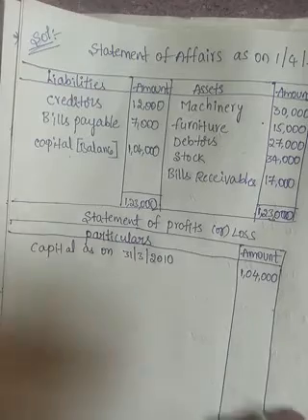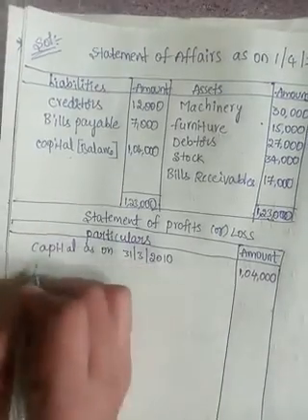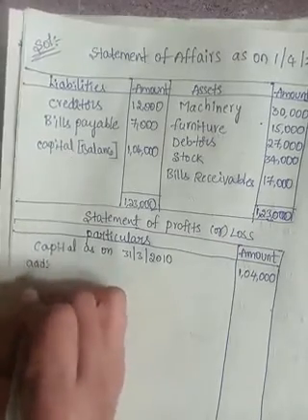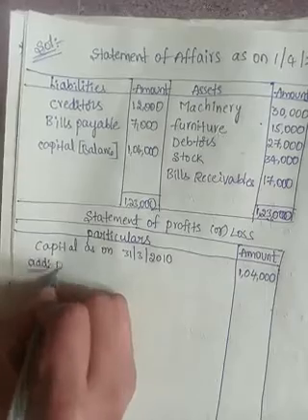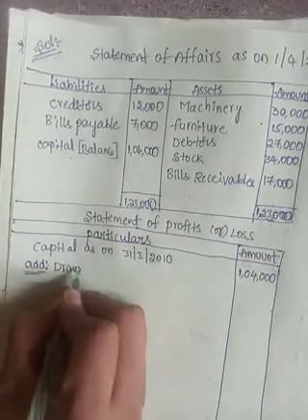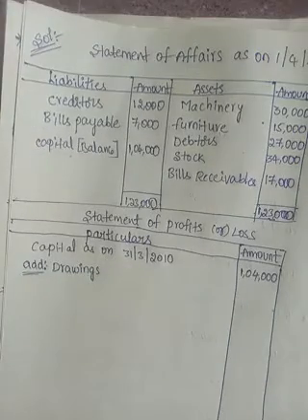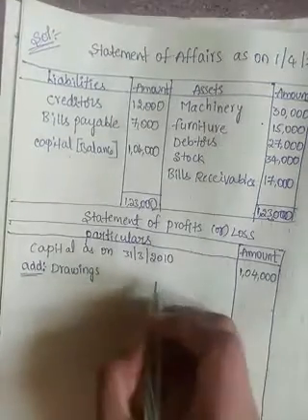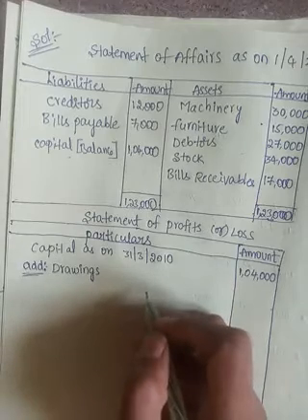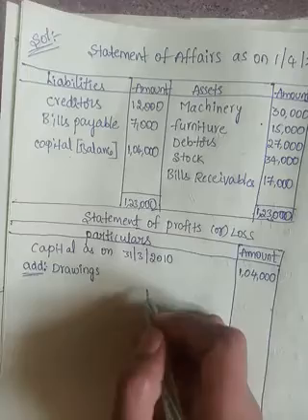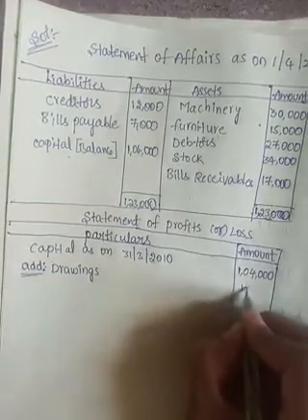To this we have to add the drawings. How much drawings is mentioned in the problem? Drawings is 18,000.